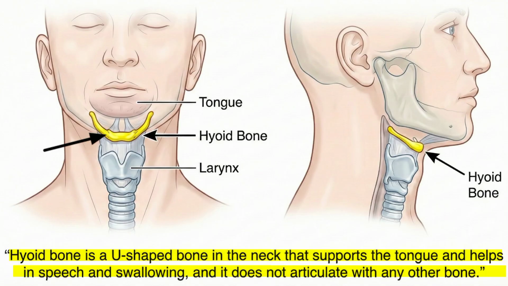This bone is present just below the tongue and above the larynx. Its function is to support the tongue, which helps us in speaking and swallowing food. You can notice that this bone is not directly attached to any other bone. It is held in position only by muscles and ligaments. That is why the hyoid bone is considered a unique bone.